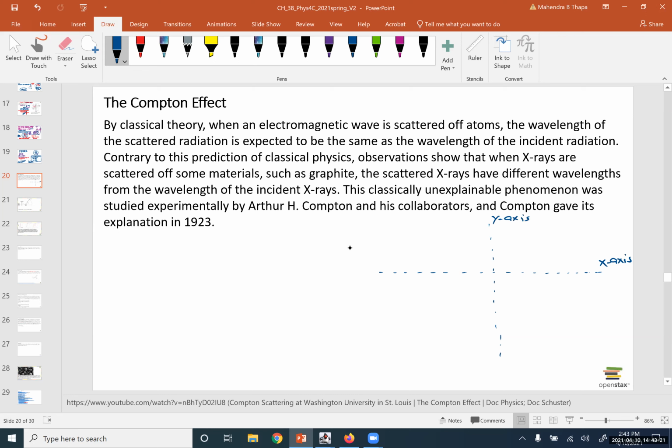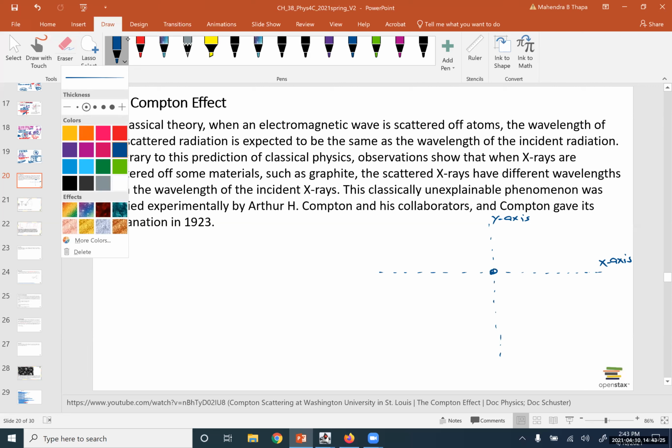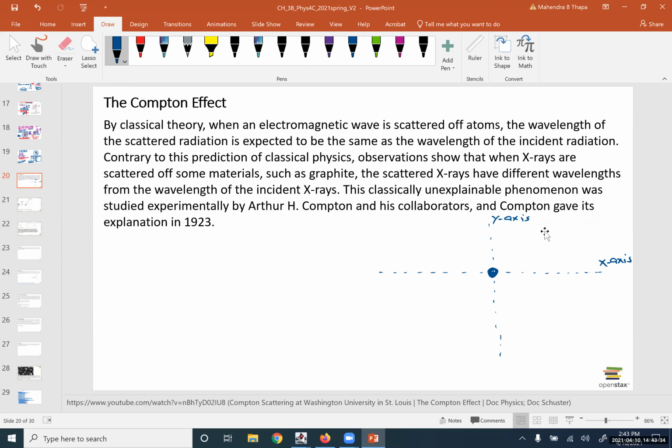Just for simplicity, say I have one electron at rest. This is the electron over here, at rest, for example.